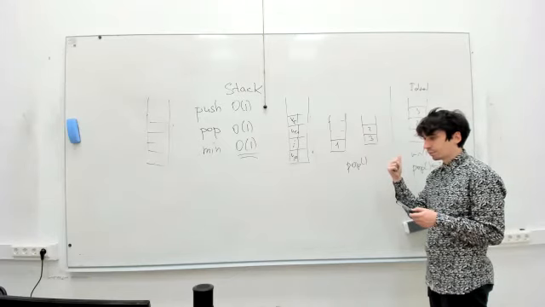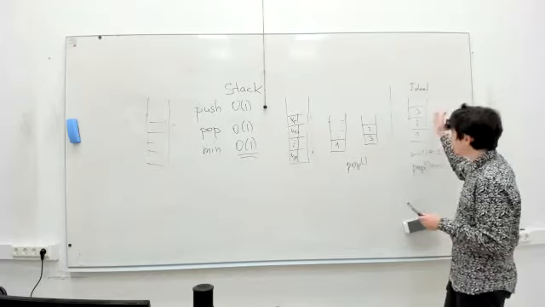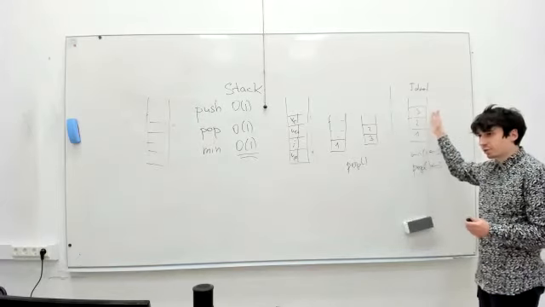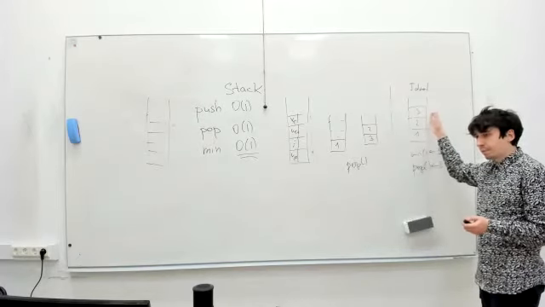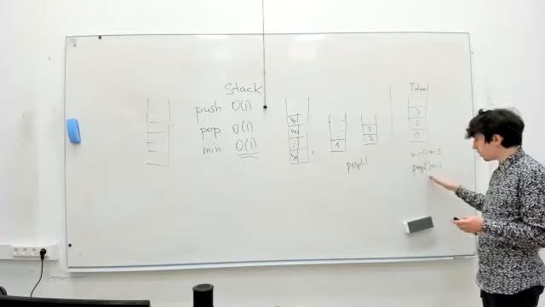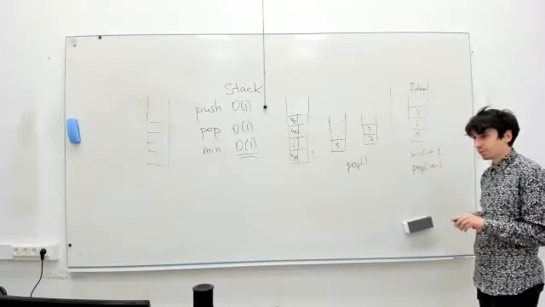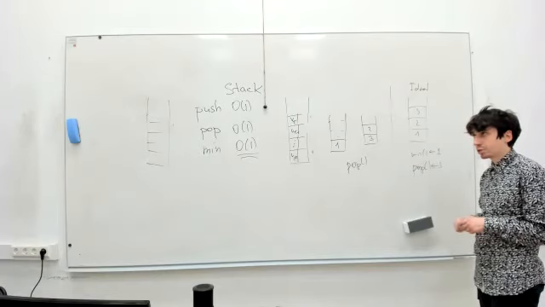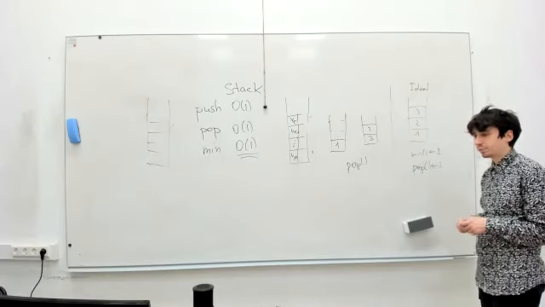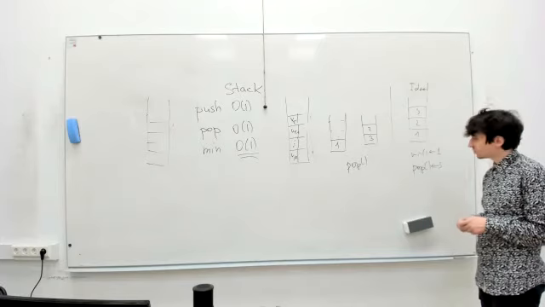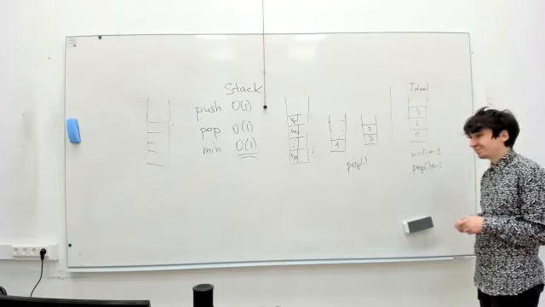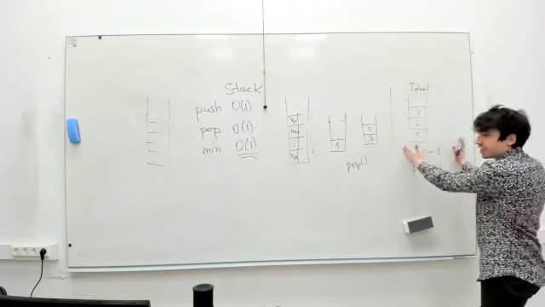Why should it return 3? Because in the ideal stack, the 3 is on the top. So the next pop should return 3 by the sequential specification of the algorithm. I mean, this is the specification.